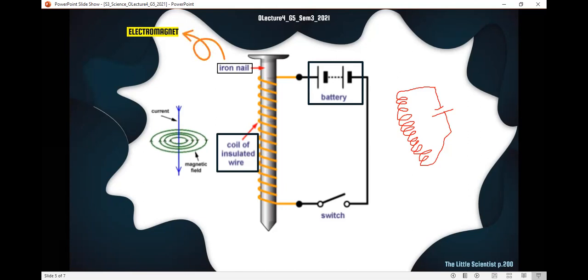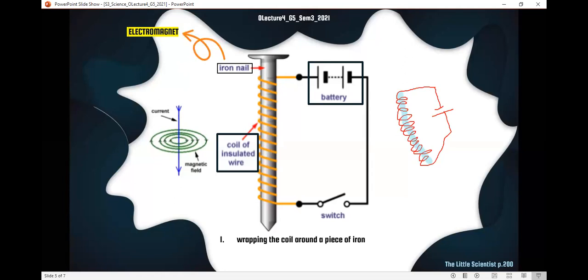Now, how do I make my electromagnet stronger? I have three ways to make my electromagnet stronger. First, in the middle, I told you that if you want, don't add an iron nail, but if you put an iron nail in the middle, you will make your electromagnet stronger. This is one.